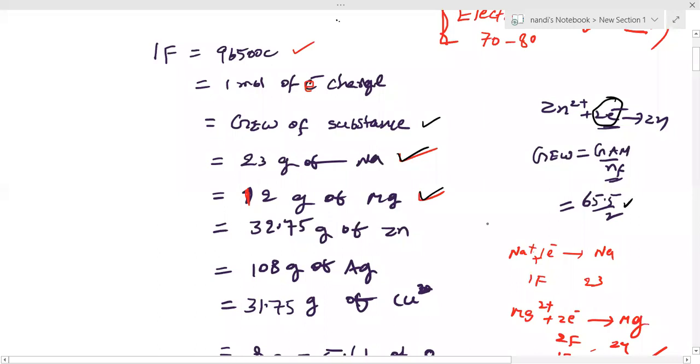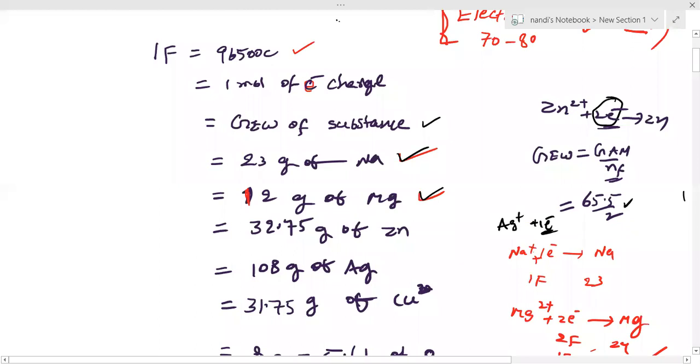Silver, Ag plus only, requires only 1 Faraday. So 1 Faraday means whatever the weight is, directly. Copper, you can take Cu2 plus. All the list I gave. And for oxygen, for 1 Faraday, 5.6 liters.